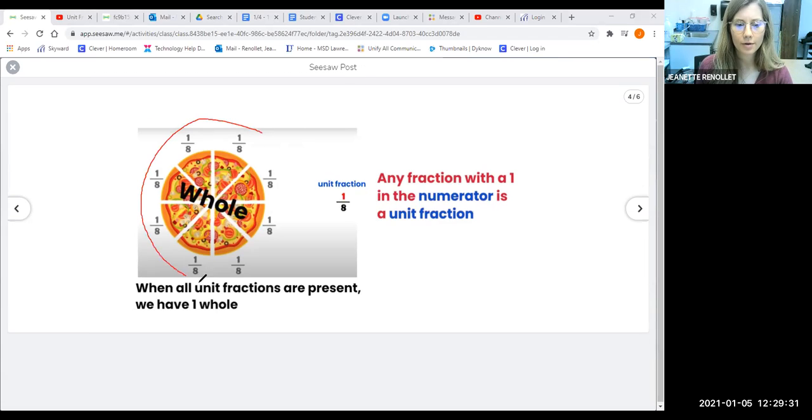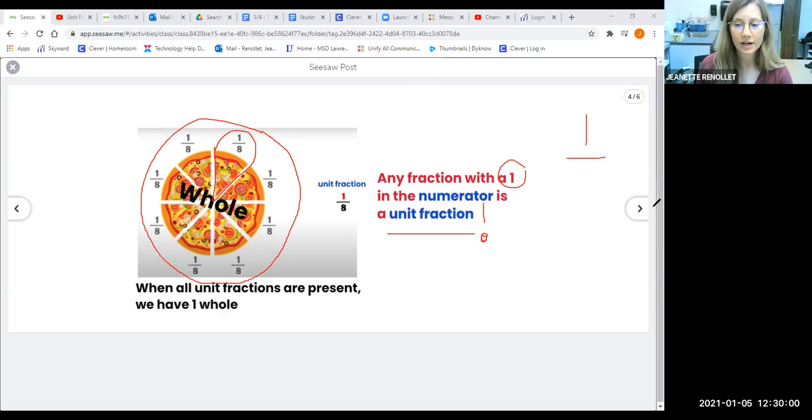Here is our whole. Each part is a unit fraction. Any fraction with a 1 in the numerator is a unit fraction. So if you see the fraction 1/10, you know that's a unit fraction.